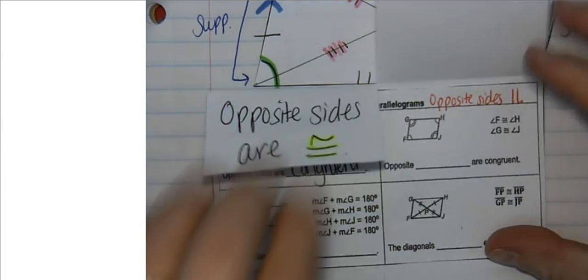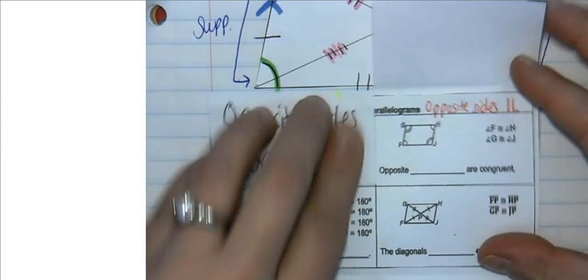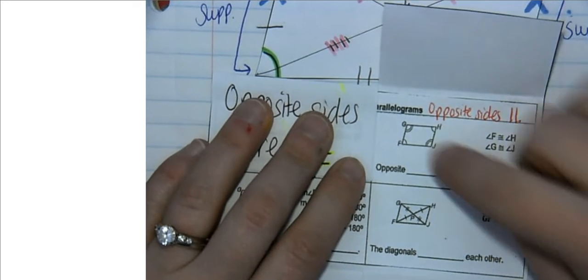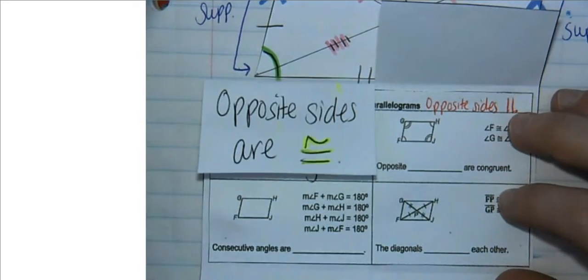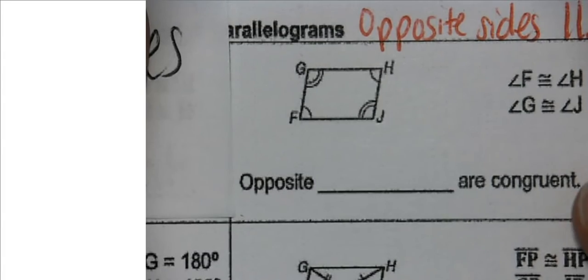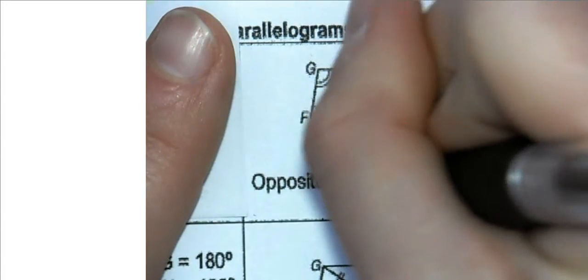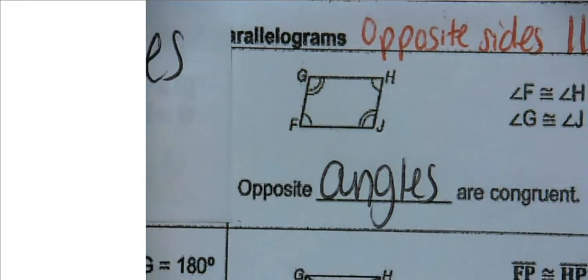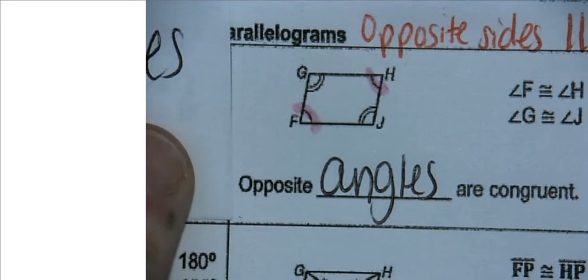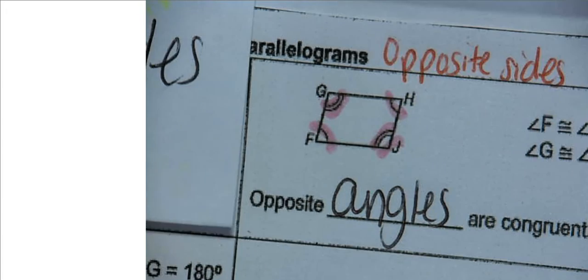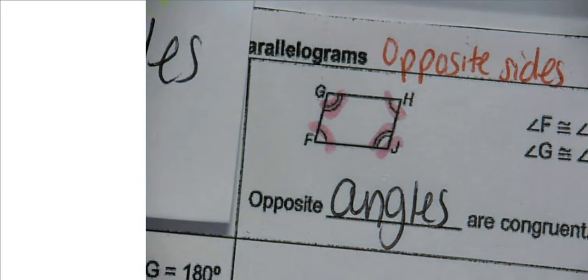Next, we're going to look at the other property that we had. If you look at the diagram, we are looking at angles. Opposite angles are congruent. If we look at these, these two angles are congruent, and these two angles are congruent. Opposite angles are congruent to each other.